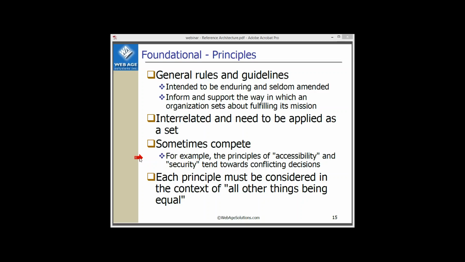So you have to be very smart as a leadership and management team about how you pick your principles. They are very important in terms of conveying what's important to the organization at a very high level.